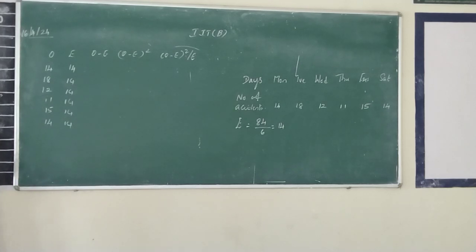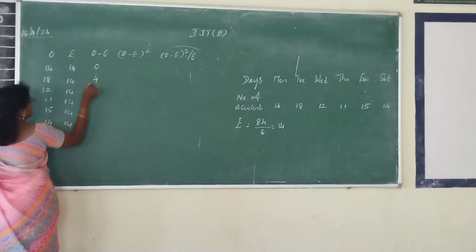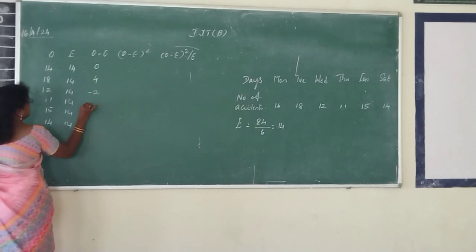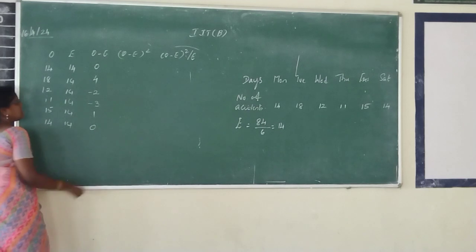Find O minus E. No need for a calculator also, right? O minus E. What is the first value? 0. Next one? 4. Next? Minus 4. Next? Minus 3. Next? 1. Last one? Then O minus E the whole square.